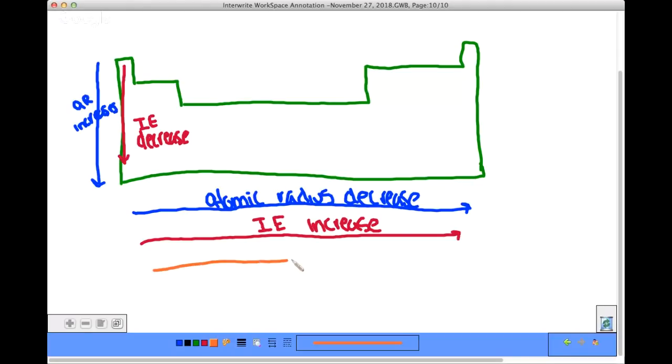Electronegativity is the idea that, we can even say in a covalent bond, it's the attraction a nucleus has on a neighboring atom's electron. So let me just draw this out.